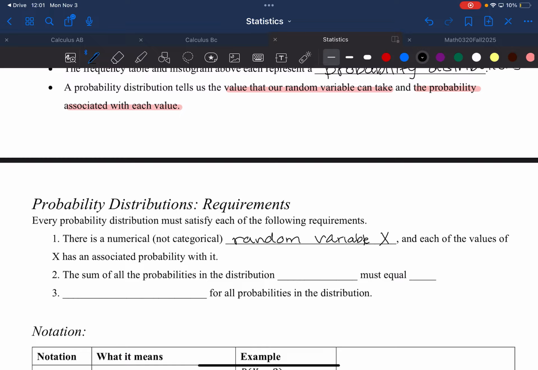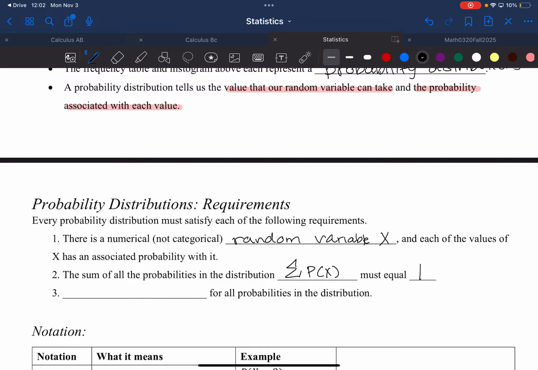The sum of all the probabilities in the distribution can be written as the summation of the probability of X, and that must be equal to what? 1. Remember, all our types of probabilities, when we add them together for each event, would equal 1 or 100%.